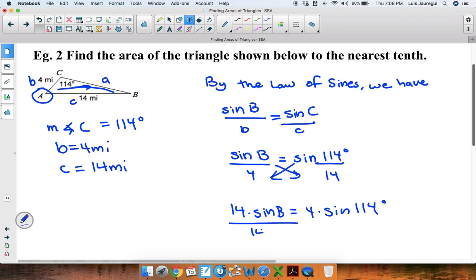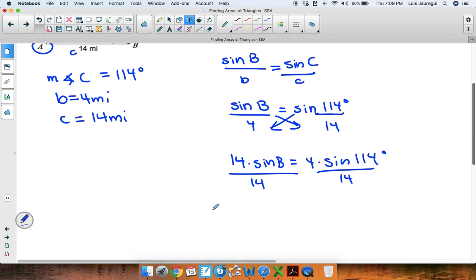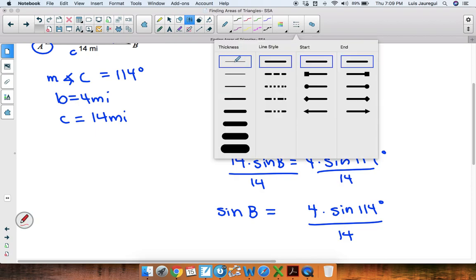After we divide by 14 on both sides to get sine of B by itself, we get that sine of B is equal to 4 times sine of 114 degrees divided by 14. Now, our objective is to get the B by itself, so we need to take sine inverse on both sides of the equation.